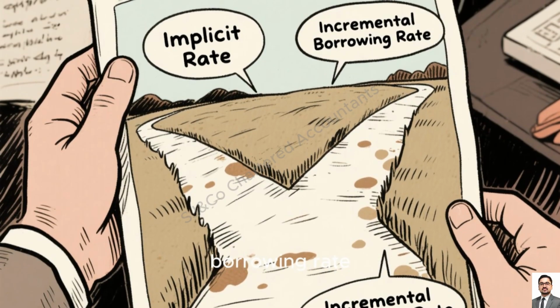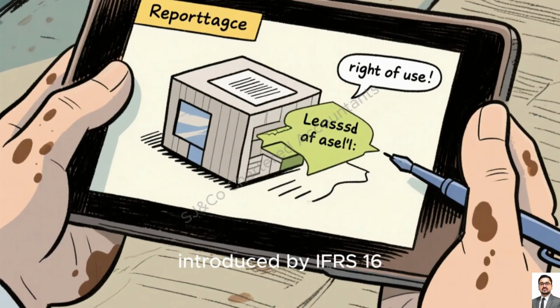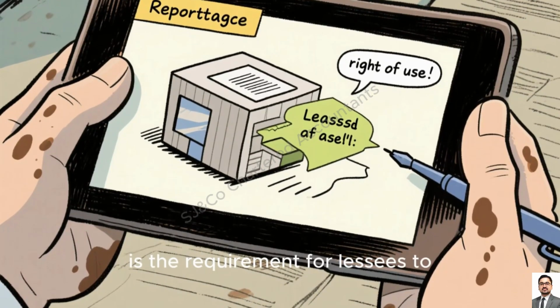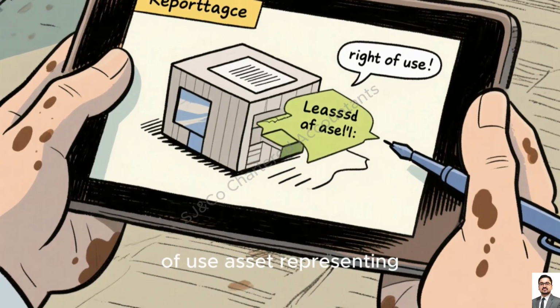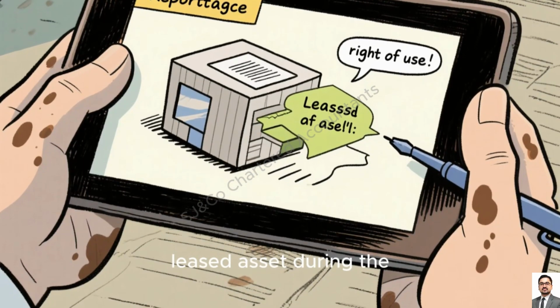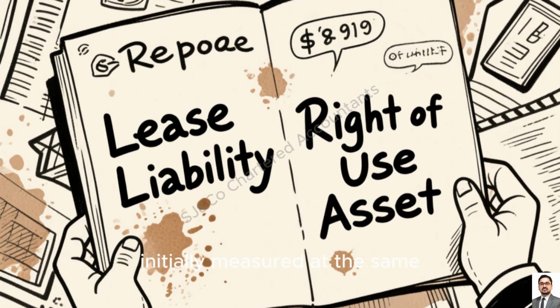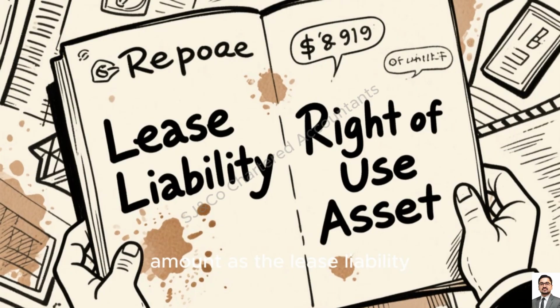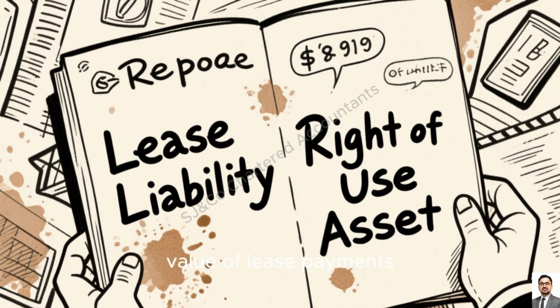However, if the rate implicit in the lease cannot be readily determined, then the lessee may use its incremental borrowing rate. Another major change introduced by IFRS 16 is the requirement for lessees to recognize a right-of-use asset, representing their right to use the leased asset during the lease term. This asset is initially measured at the same amount as the lease liability, which is the present value of lease payments.